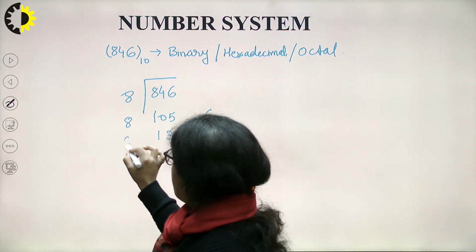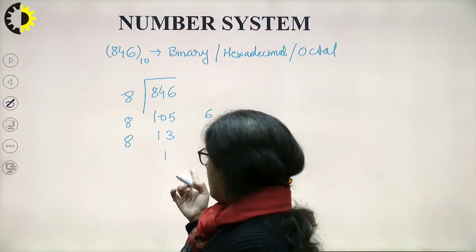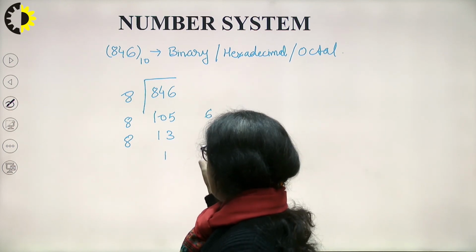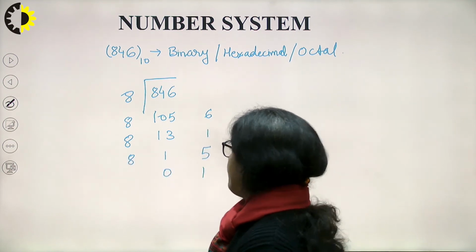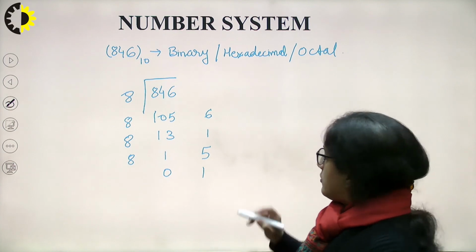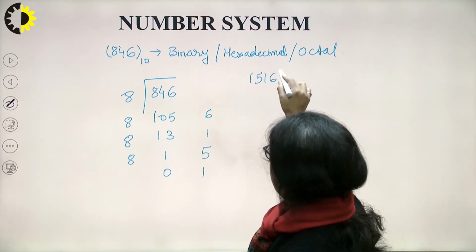Now again 8. 8 ones are 8, 4 and 5, so the remainder will be 5. 8, 0, 1. So I will represent it as 1516 in octal.